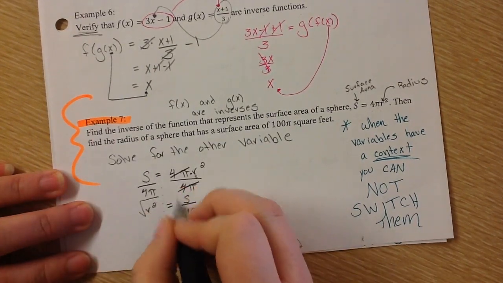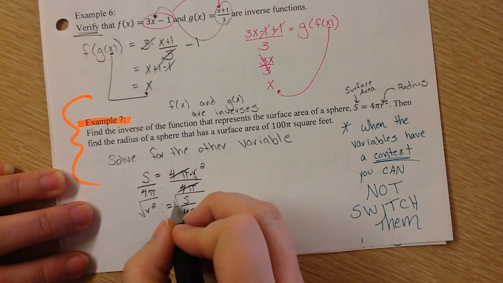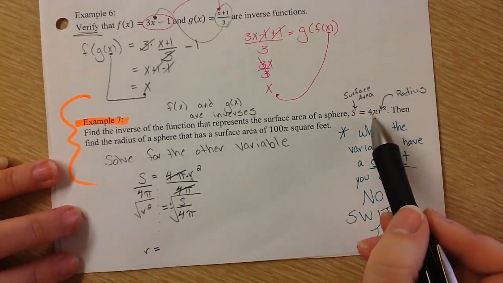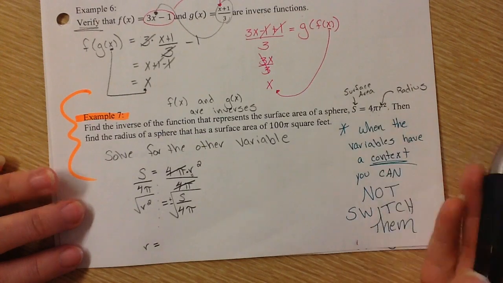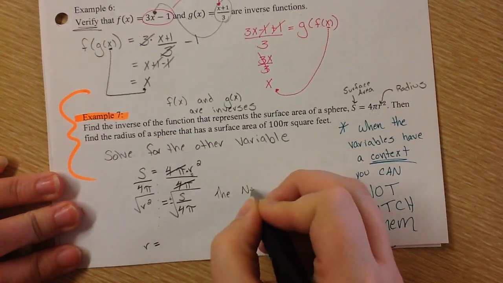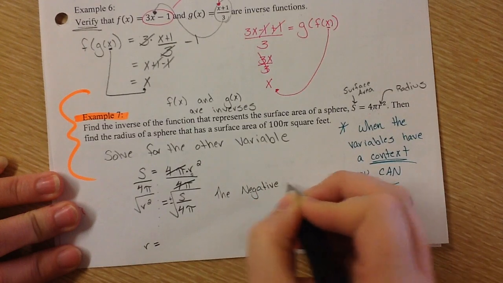Now I'm going to need to square root both sides. Normally when we square root, we have plus or minus. But think about the context of the problem. Does a negative radius or negative surface area make sense? The negative does not make sense in this context.